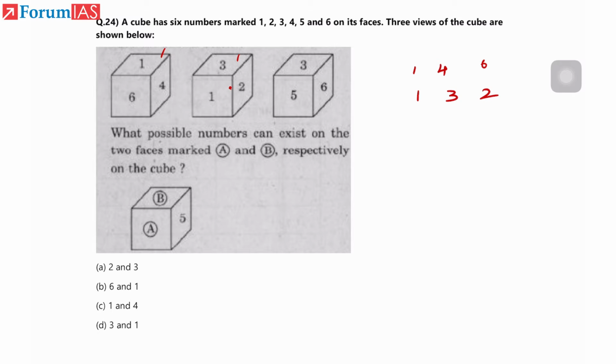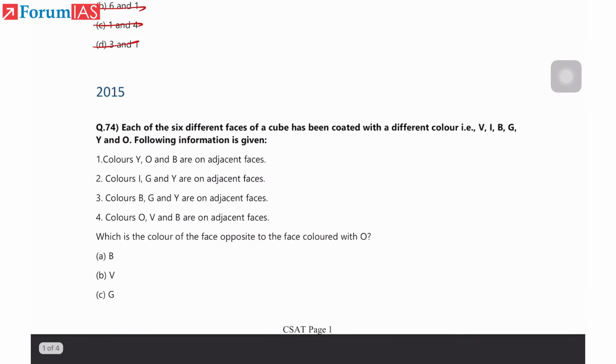So 1, 2, 3, 4 and 5 would come here. So from this what I know is that 1 and 5 are opposite to each other, so definitely 1 cannot be adjacent to 5. So any option which has 1, you just strike that out and you get the answer. So the answer would be option A, 2 and 3.